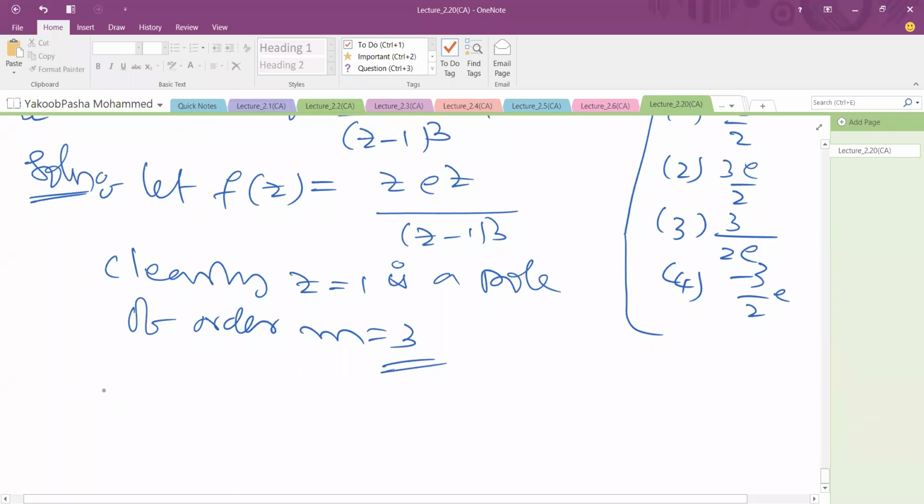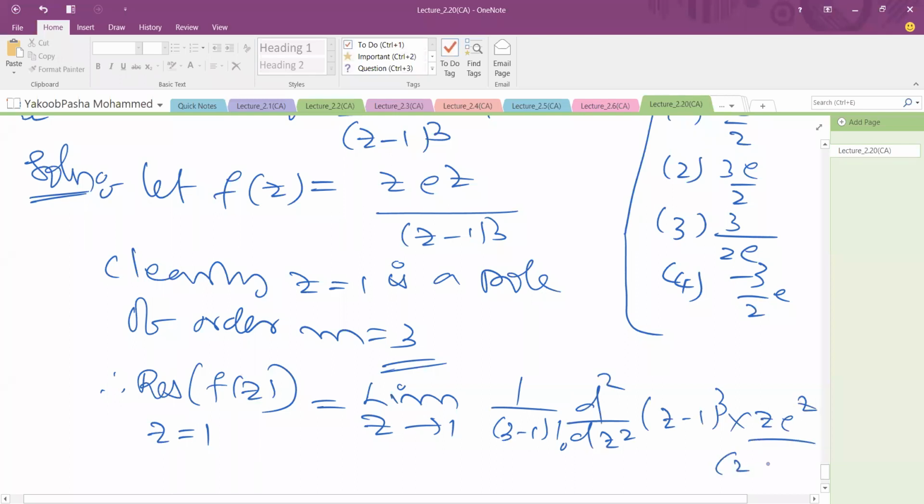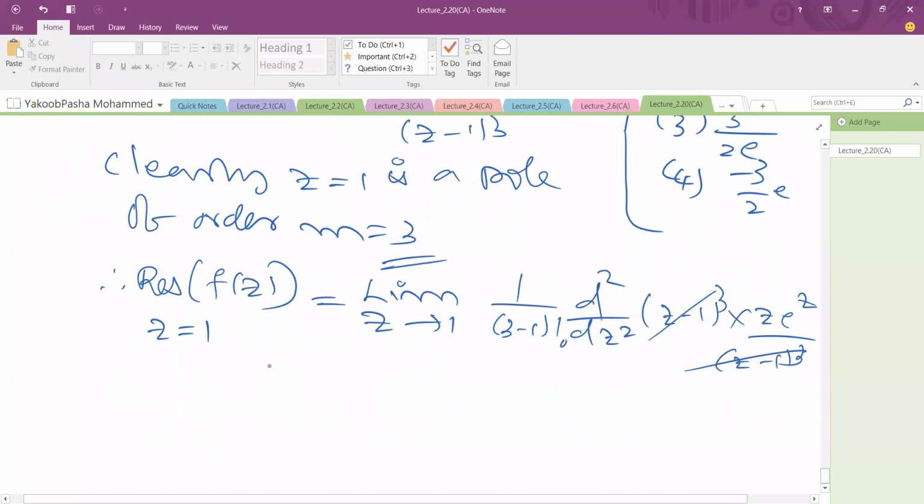Residue of the function f of z at z is equal to 1 is equal to limit z tends to 1 of 1 by (3 minus 1) factorial, the second derivative, d square by dz square of (z minus 1) whole cube into z e to the power of z divided by (z minus 1) whole cube. The (z minus 1) whole cube will be cancelled. So 1 by 2 factorial is 2.